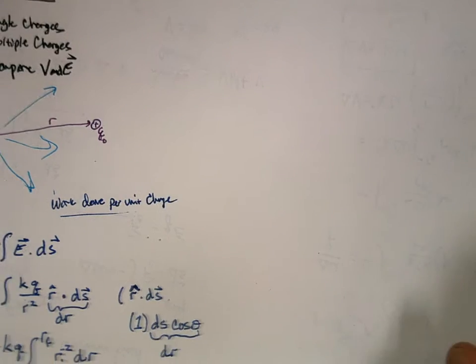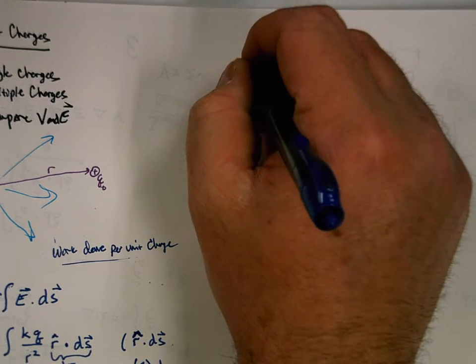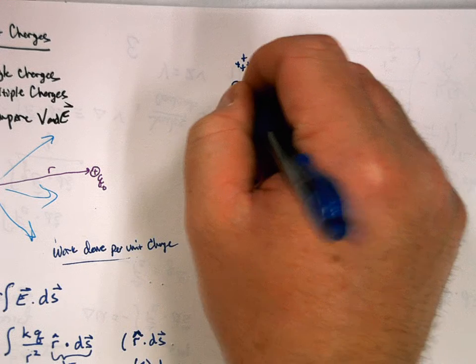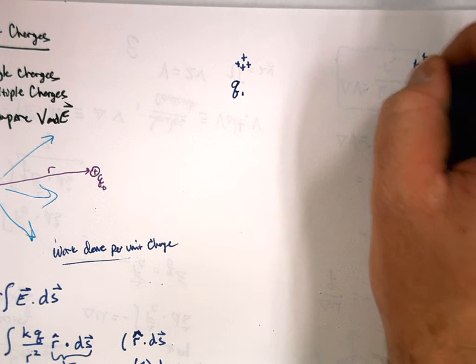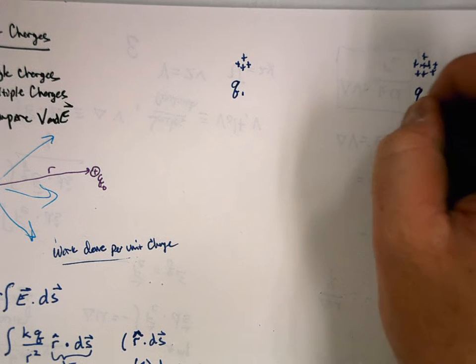So let's take two charges. That's going to be Q1, and we've got a collection of charges there, and that is Q2.